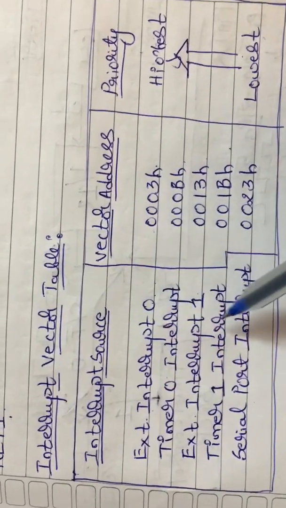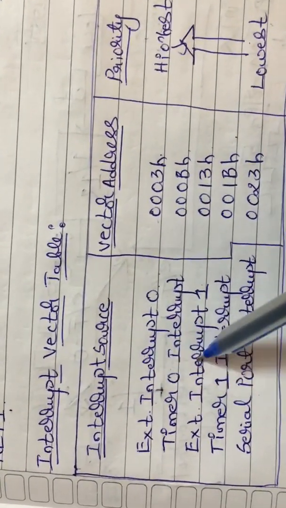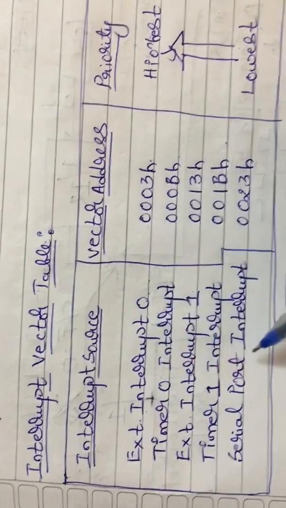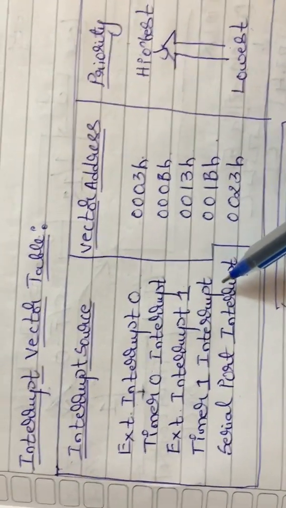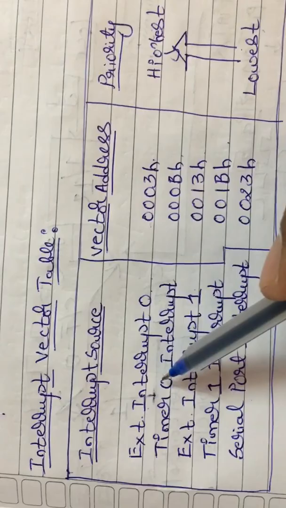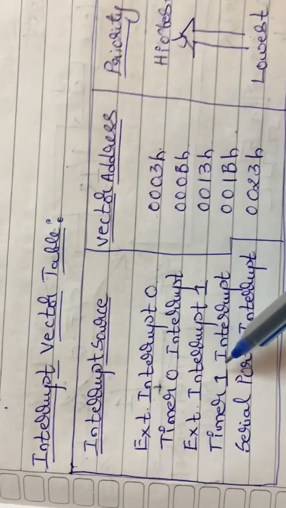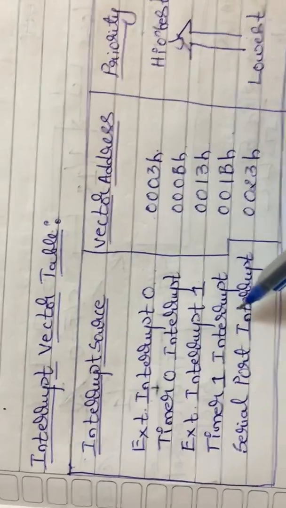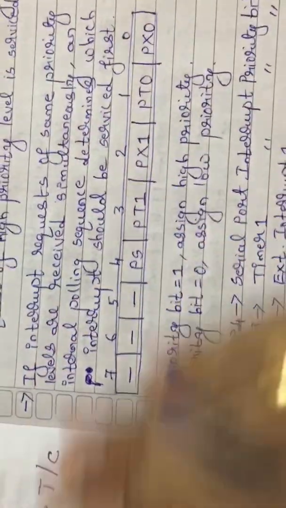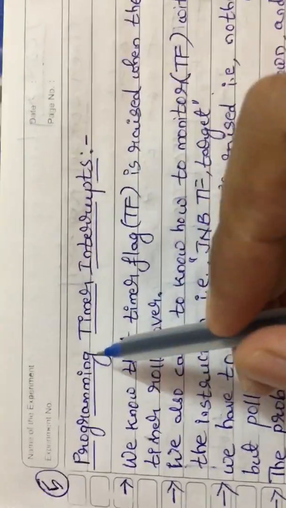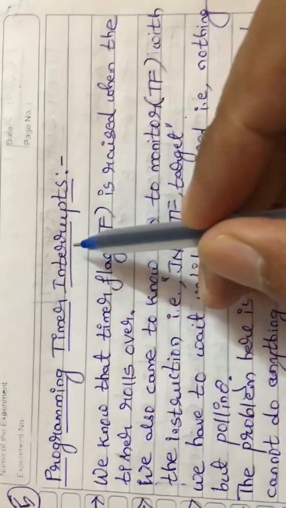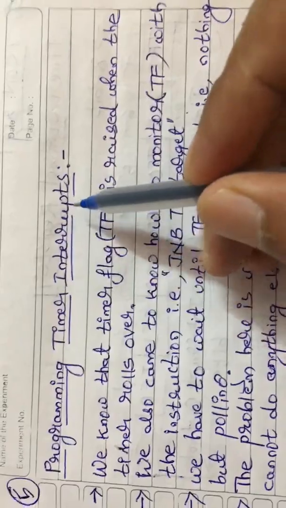Out of these 5, we have 2 external interrupts, 2 timer interrupts and 1 serial port interrupt. I will take up the timer interrupts first, then the external interrupts, then the serial port interrupt. Now I have written the title, programming timer interrupts: how we have to program the timer interrupts.